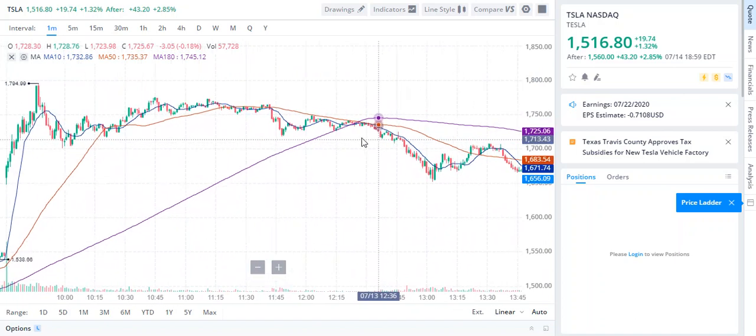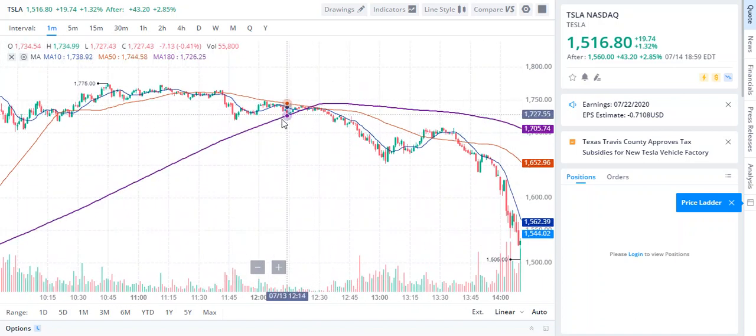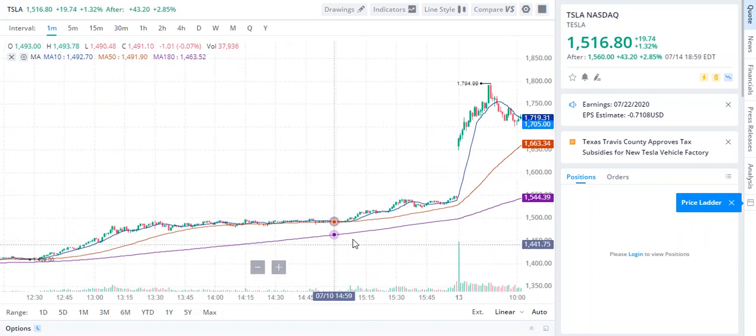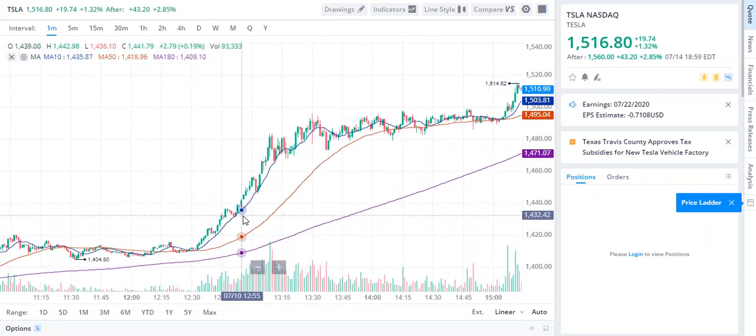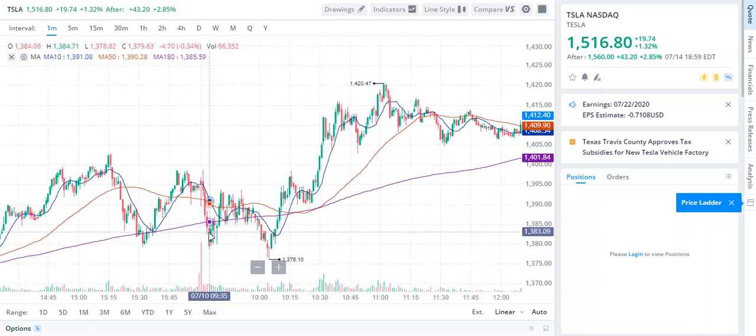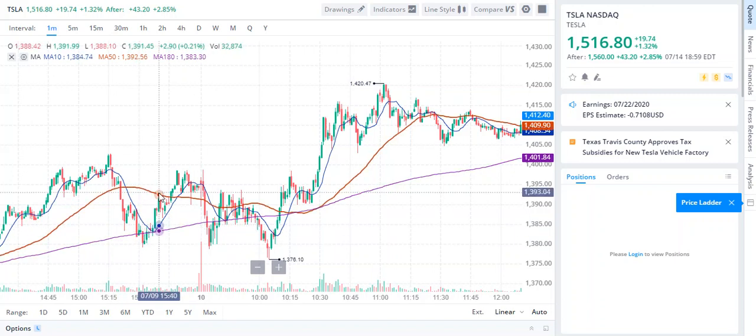And maybe here is when you decide, all right, let's see. So it crosses below. Now your 180 line is the top line. That's not good. So you see, even here, when it crossed below, your purple line is still below your moving average 50, so it's not a complete downtrend.